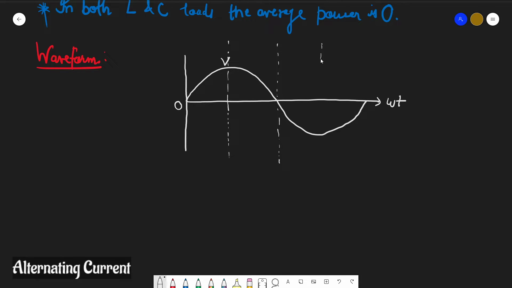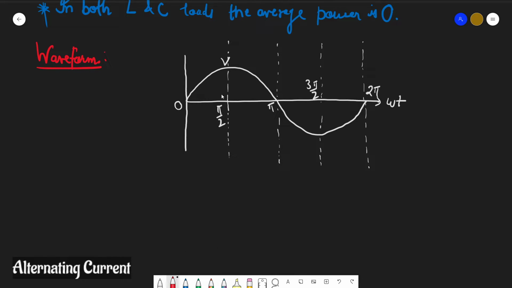Every quarter cycle we are going to mark these points because they will be helpful in analyzing this waveform. Obviously, the maximum value is at pi by 2, this is pi, this is 3 pi by 2, and this is 2 pi. So this is a voltage cycle.